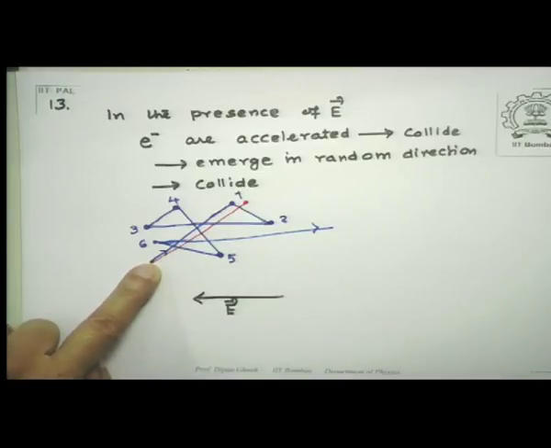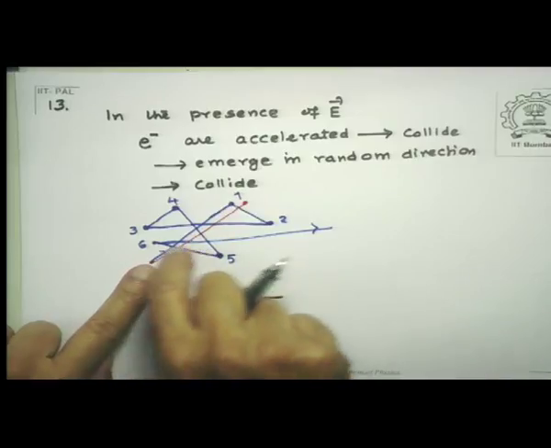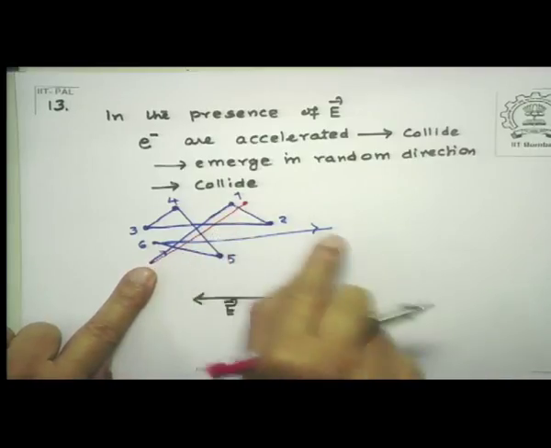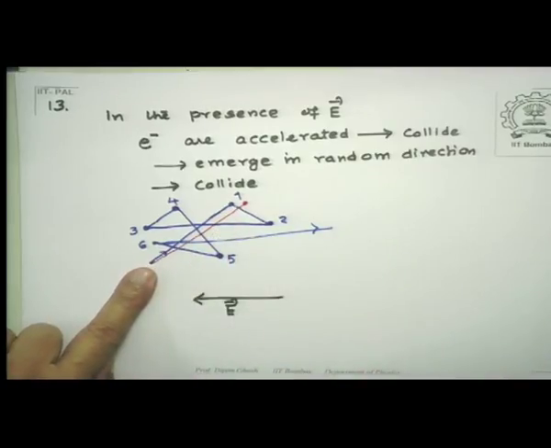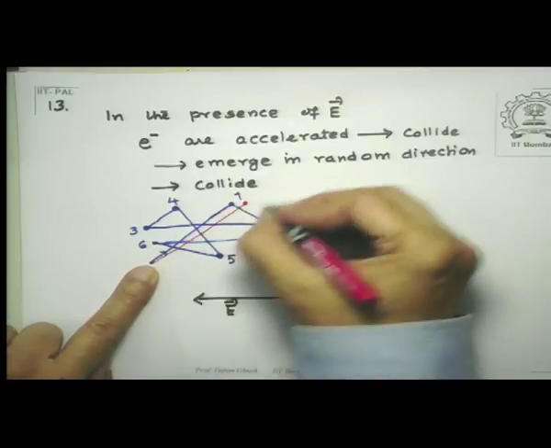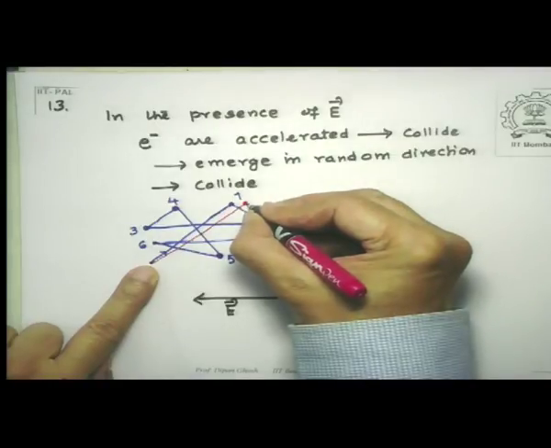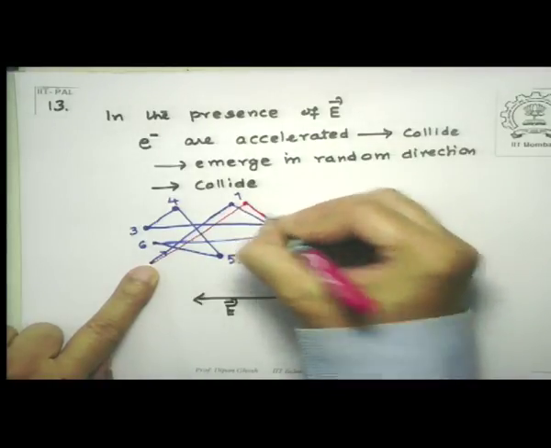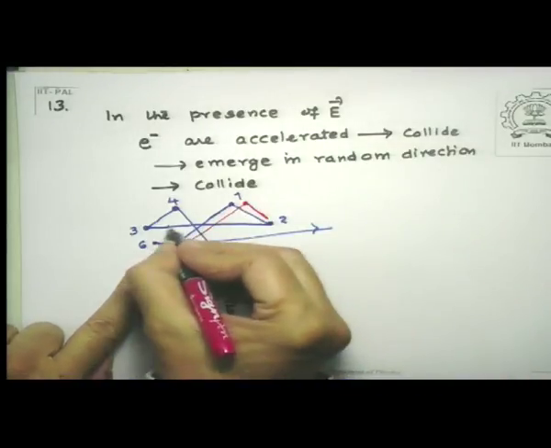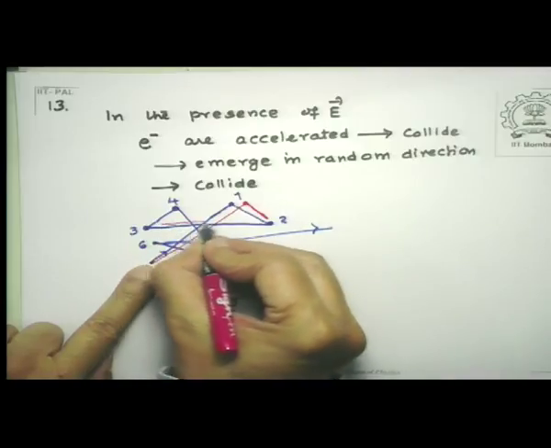But what is going to happen as a result is that this path is slightly towards the negative E direction because of the acceleration. Alright, then it undergoes a collision there, comes here, second atom, and then it will go like that.